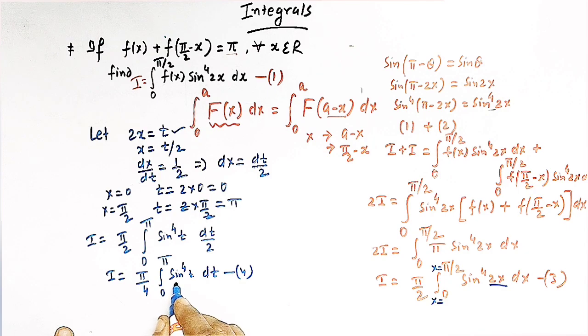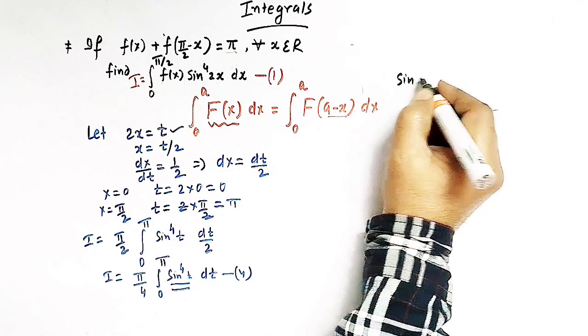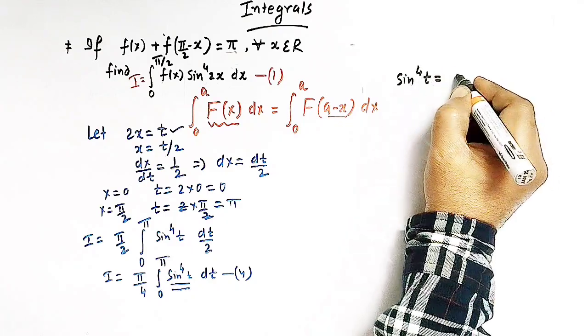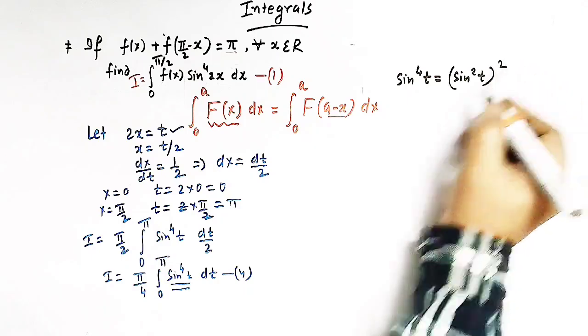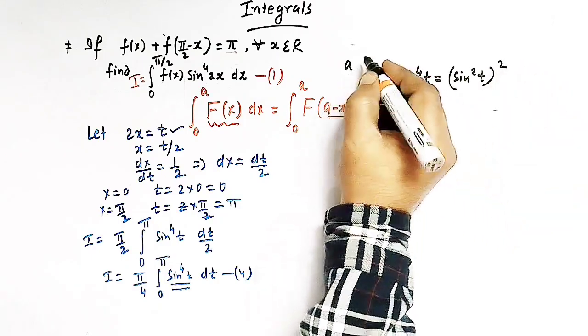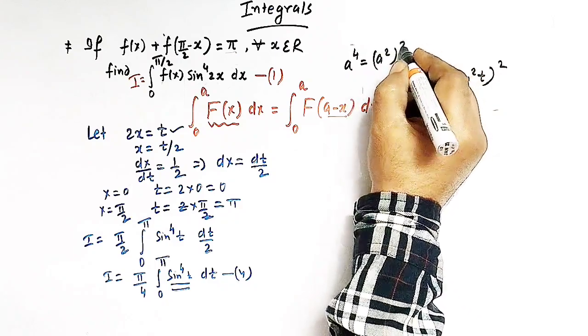So now let us make use of some important identities from trigonometry to simplify sine t raised to 4. So now let us write sine 4t as the square of sine square t, right? So we can write a raised to 4 as a square whole square.